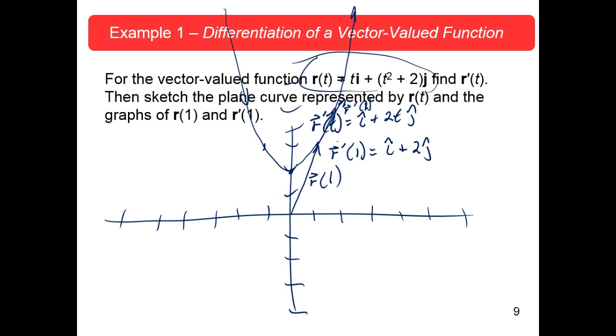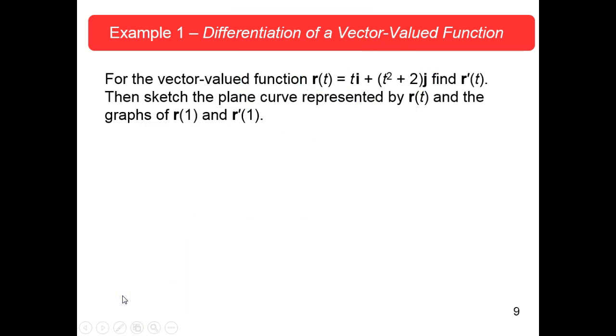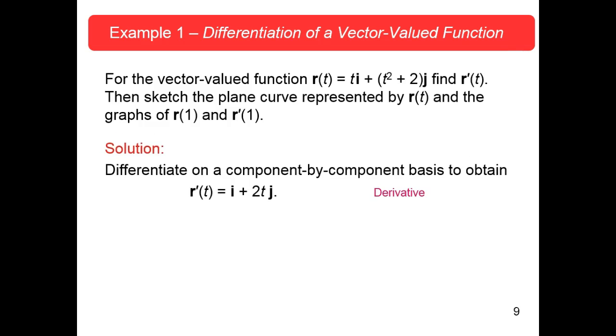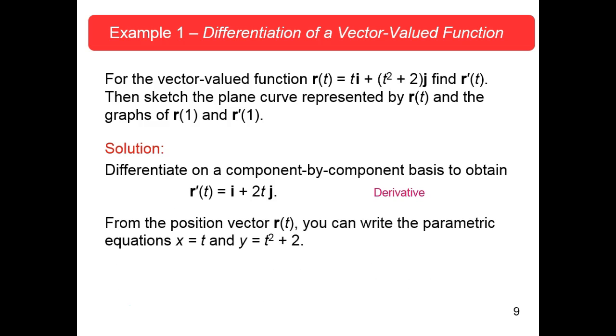Make sense? Well, let's see how their picture does. Can't be any better than mine. Well, they'll answer that question. Okay. First, differentiate, and you get i plus 2t j, just like y'all got. Then it says for the position vector r of t, you can write the parametric equations x equals t and y equals t squared plus 2, which is fine.